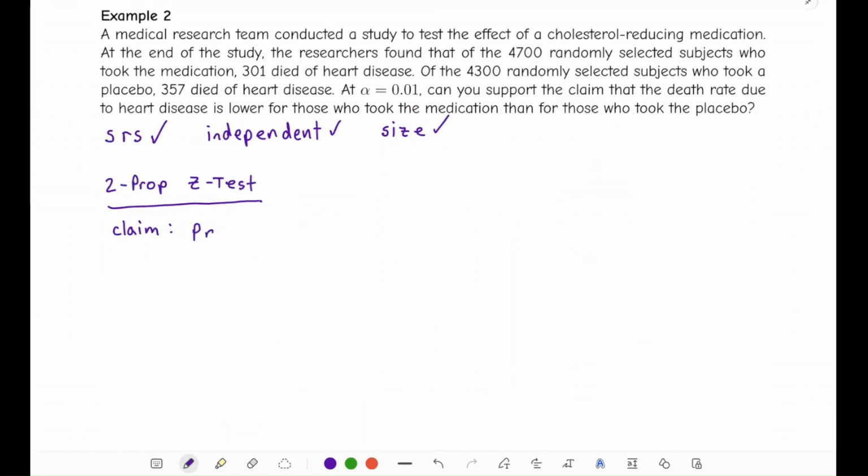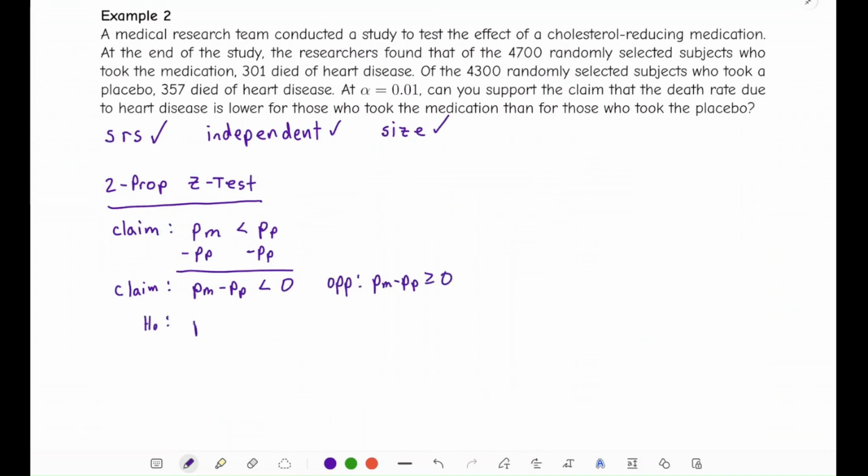So P medication is lower than P placebo. And again, I need to subtract. So my claim comes out to be the difference of the proportions is less than 0. The opposite of that is that the difference of the proportions is greater than or equal to 0.